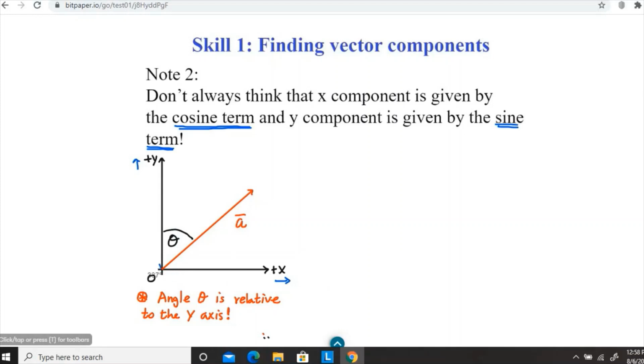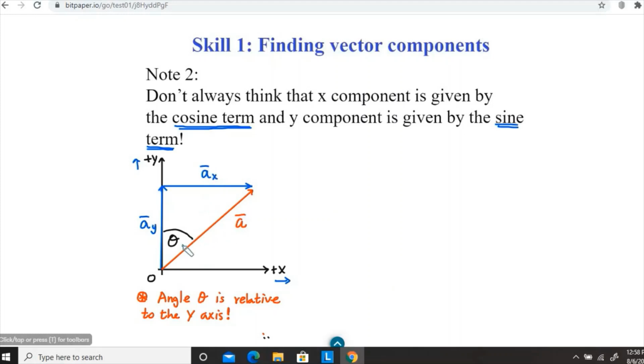I'll draw a component vector like that representing the y direction, and then this vector component representing the x direction like that. Now let me label those vector components. This is my ay vector component and this is my ax vector component.